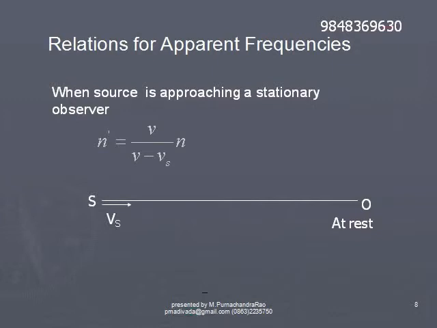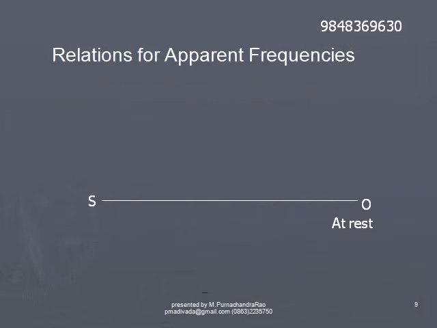If the source is approaching a stationary observer, the relation for finding the apparent frequency is n prime equals V divided by (V minus Vs), multiplied by n. This is the relation used for the source approaching.